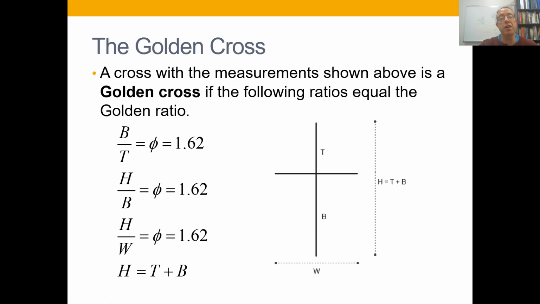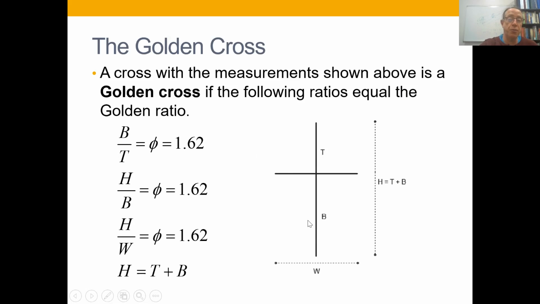If you divide the overall height of the cross by the base, you get 1.62. And if you divide the height again by W, the width, it also is the golden ratio. So you get three golden ratios within it.